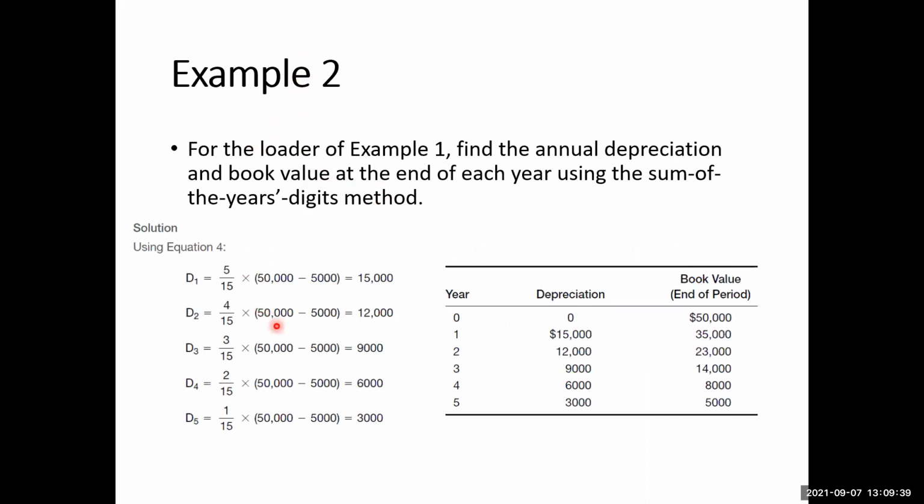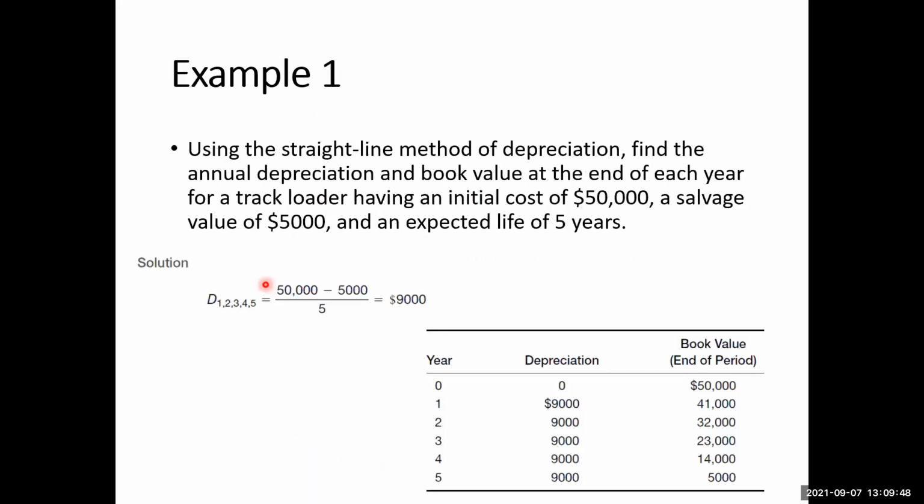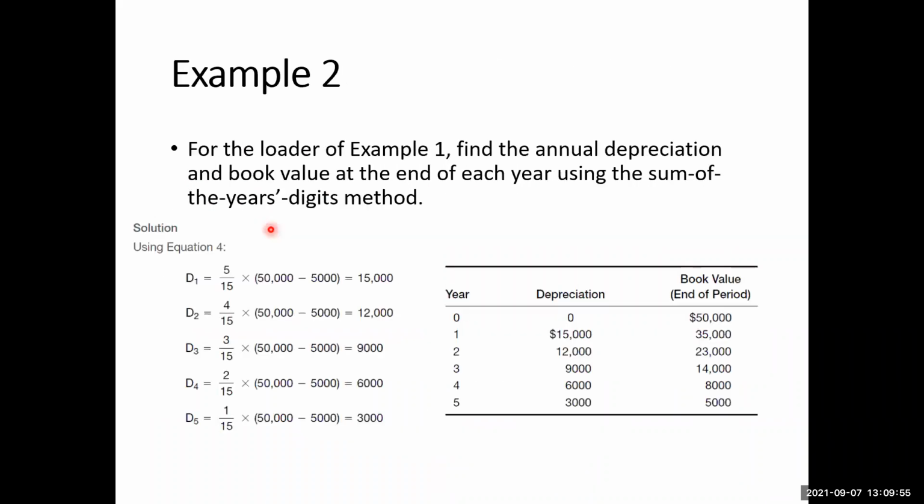Remember that the purchase price, or initial value, of the equipment was $50,000, and its salvage value is $5,000. If we want to calculate the depreciation in the first year, it is $15,000 in this case.